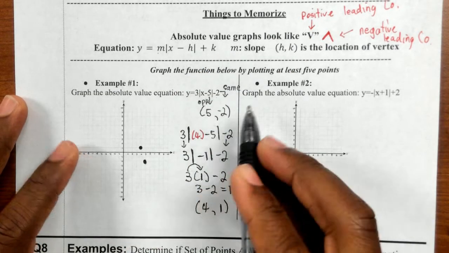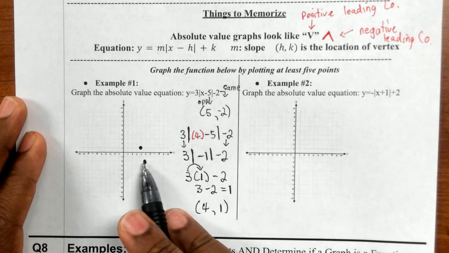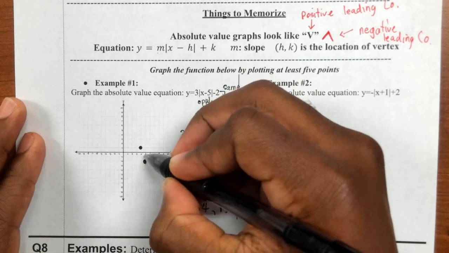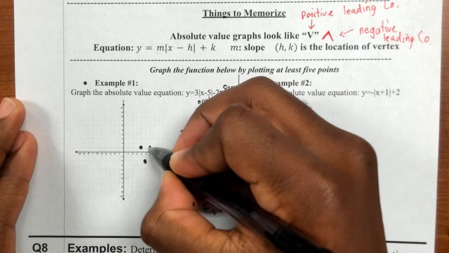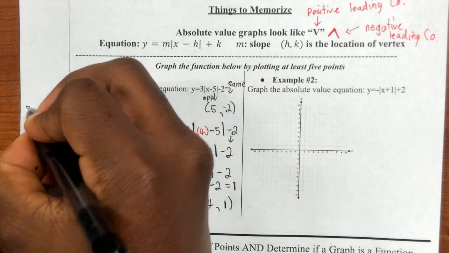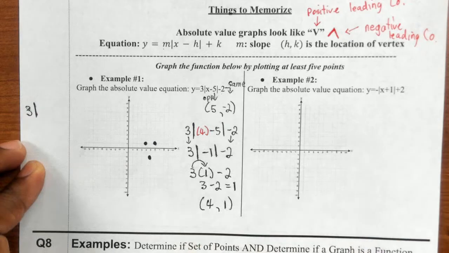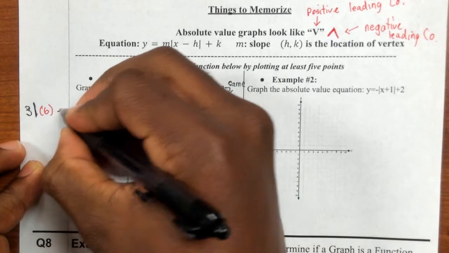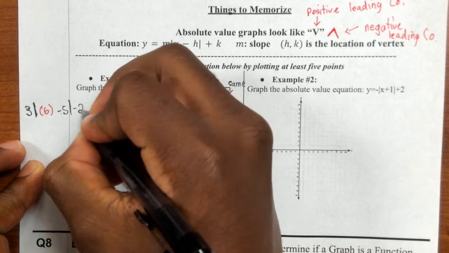Because the absolute value is symmetric about its vertex, when you plug in 6, which is to the right of 5, you should also get 1. Let me prove that to you. If I have 3 absolute value, instead of x, I replace it with 6, minus 5, absolute value, minus 2.